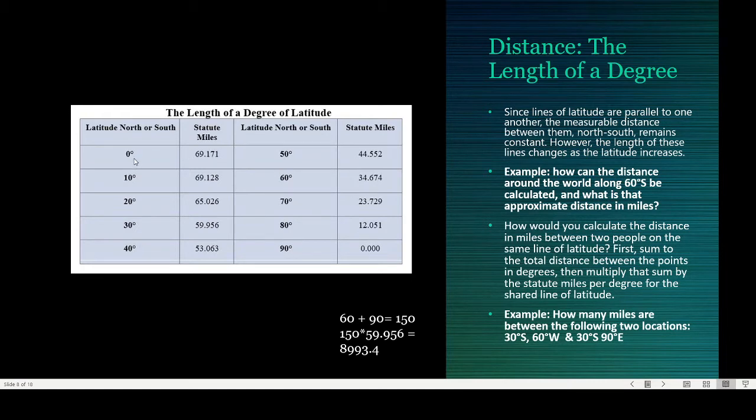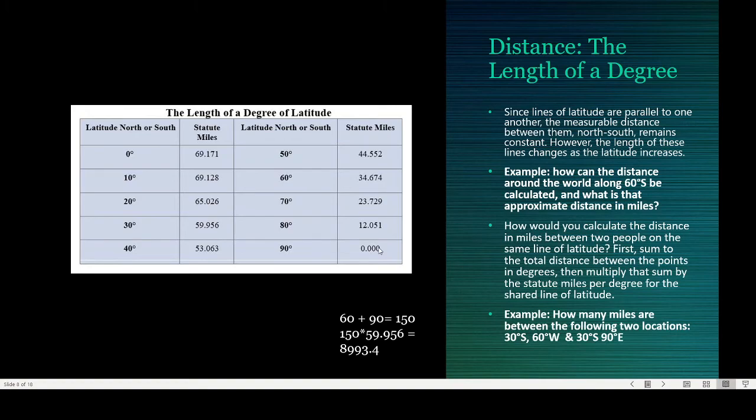If we're going up north to 30 degrees north, farther up on the Earth's grid, it is 59.956. And then when we get close to the North Pole at 60 degrees, the miles drop considerably to 34.674. And then when we get to the North Pole, the length is 0.000.